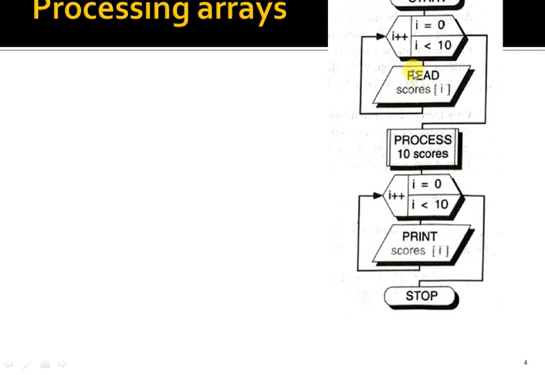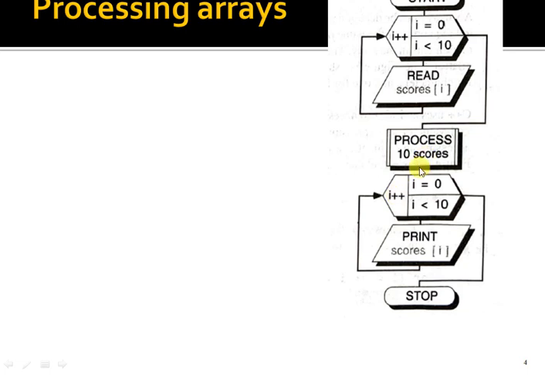That means you have to process 10 scores. You have to take either the input or compute something. If you want to read the scores, each single element can be read by a simple for loop, and within the for loop this I denotes the index through which you iterate. Next is how you can display the elements.